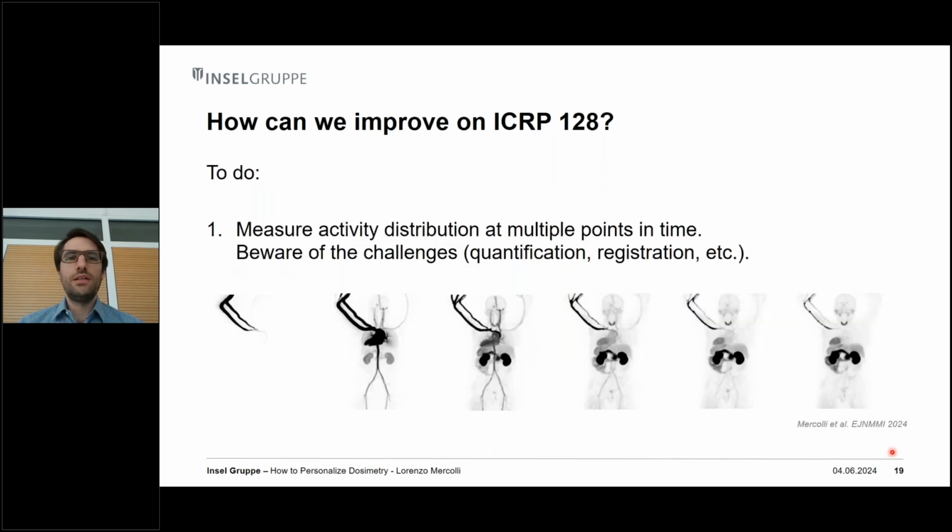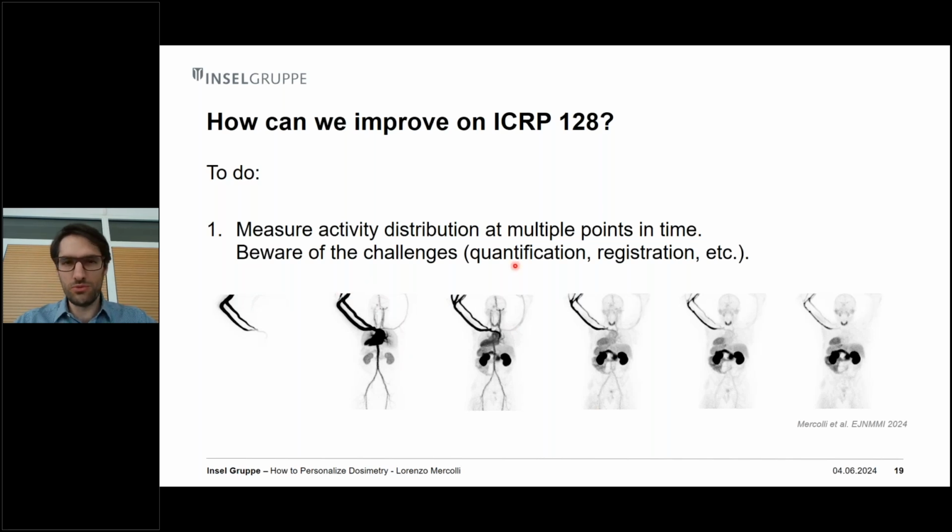Now, how does this work? First, we need to measure the activity distribution in the patient at multiple time points in order to know the time dependence of the activity distribution. There are many challenges in here. You need to have a quantified image.